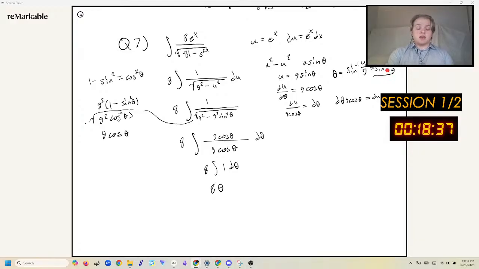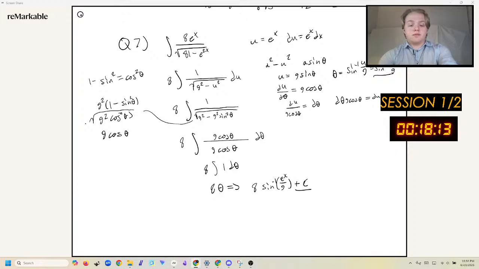Substituting back in the values that we had placeholders for. So this ends up being 8 times arc sine of the argument e to the x over 9 plus our integration constant c. And let's see how we did.